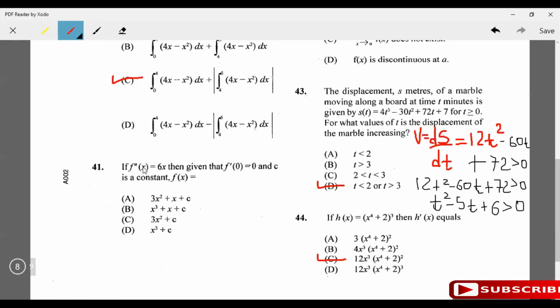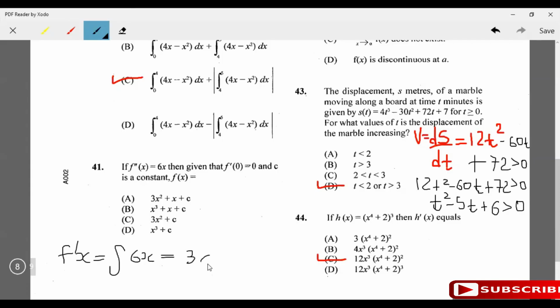Question 41 says f double prime of x is 6x. So since f double prime is 6x, we can find f prime of x by integrating f double prime of x. So f prime of x is equal to the integral of 6x. When you integrate 6x, we add 1 to the power and divide by the power.